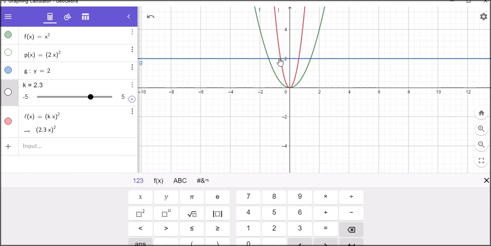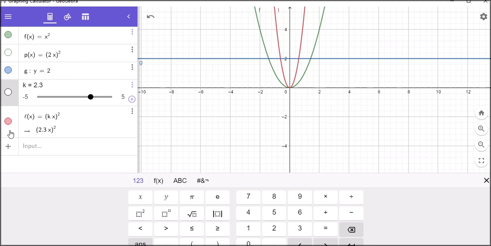We can see that under the same y value, after the transformation, the x value is less than the parent function's. So that means it's a compression. If k is 2.3, the graph is compressed horizontally by a factor of 2.3, right?